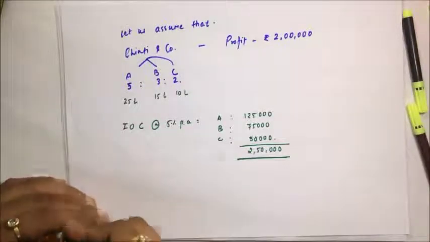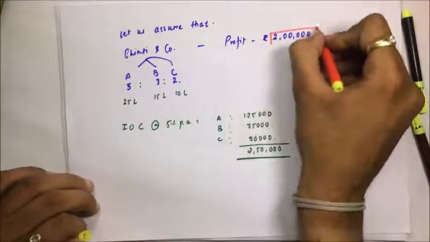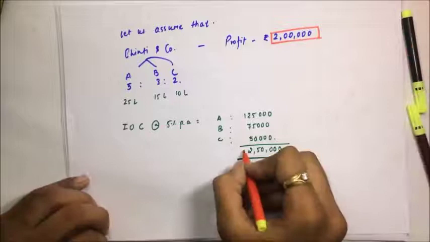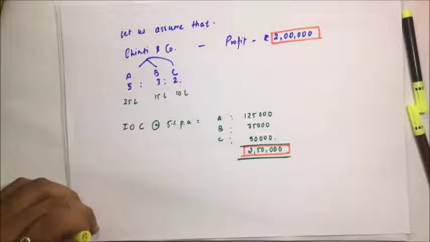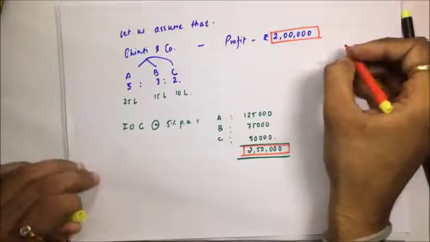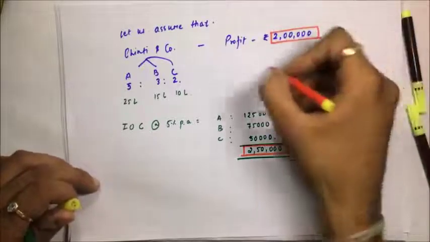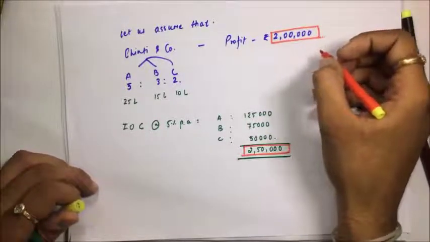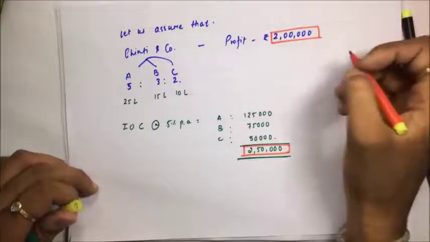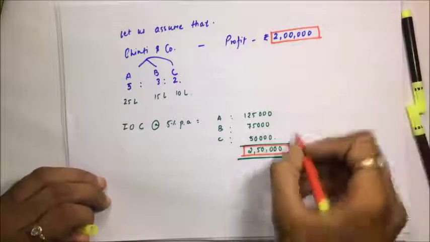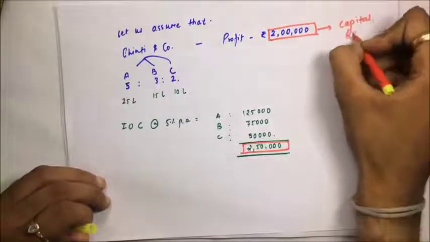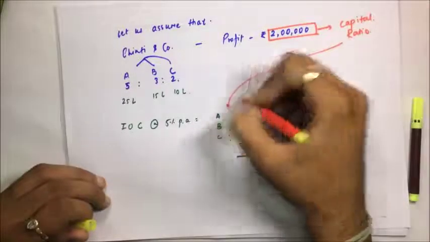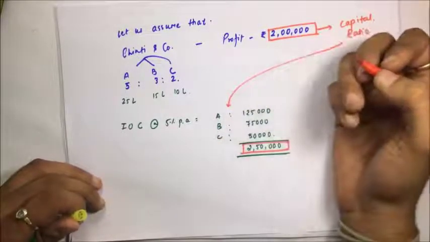The firm earned a profit of rupees 2 lakh, and it has to pay rupees 2,50,000 as interest on capital. But as we know, interest on capital will only be paid in case of profits, and in this case there is insufficient profit to meet the interest on capital. Now what will we do? We will distribute this profit in their capital ratio so that every partner will be satisfied. Okay? How?